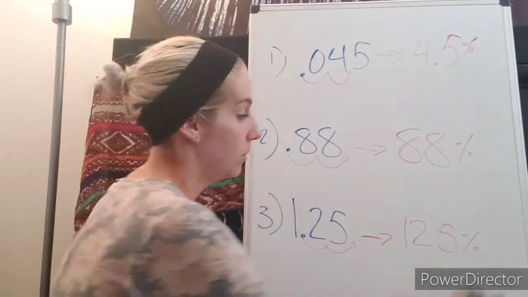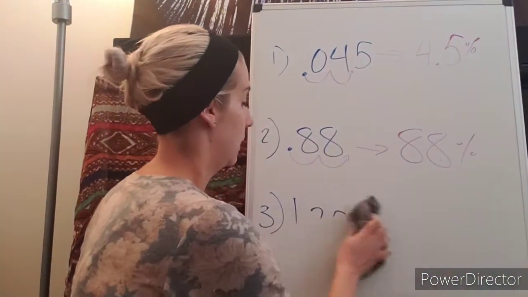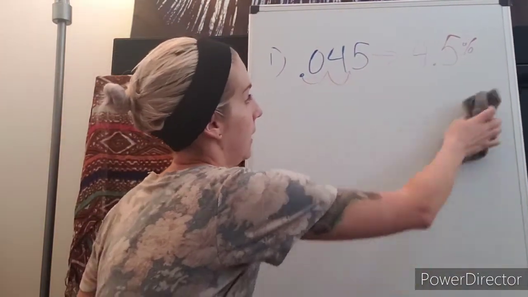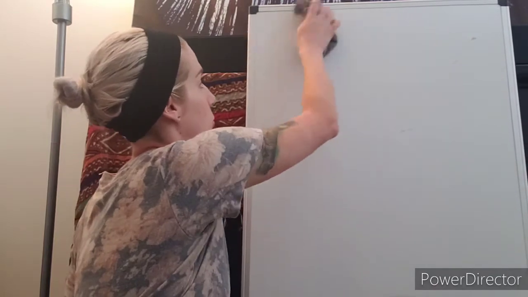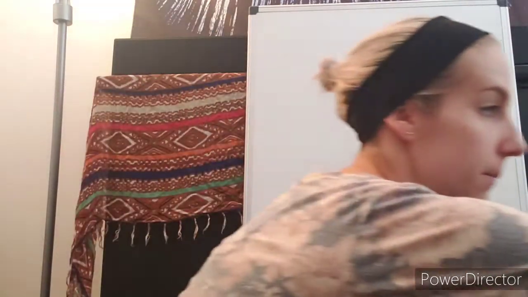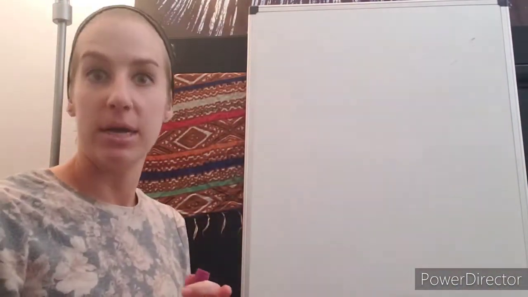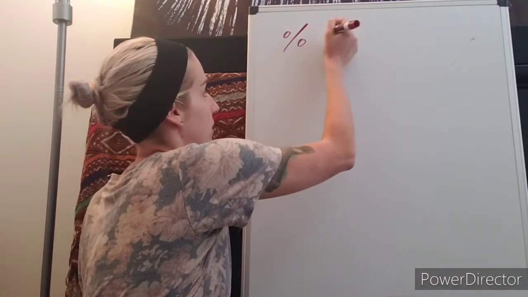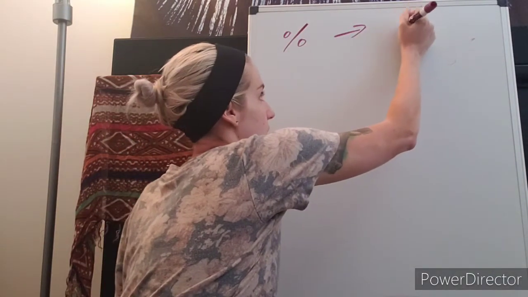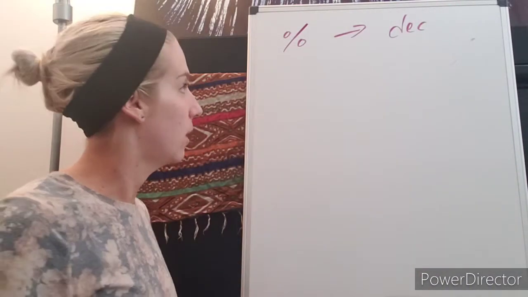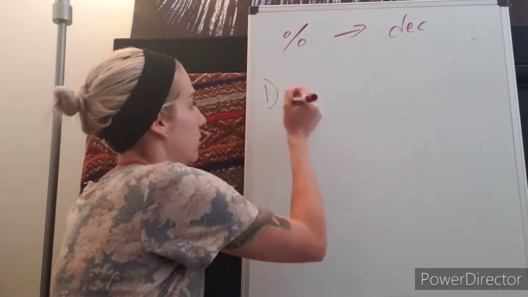So now I'm going to erase this, and I'm going to do the other way around, okay? And so if you kind of remember, all we do is the opposite of what we've been doing, okay? So let me recap it, right? So this time, if I have a percentage and I'm trying to change it into a decimal, I have my 2 different ways, okay?